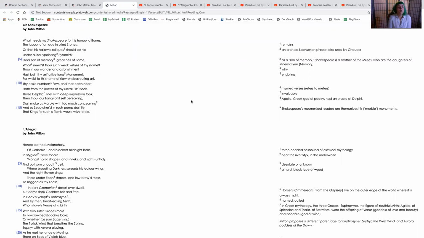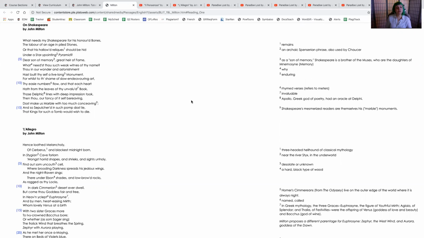What needs my Shakespeare for his honored bones, the labor of an age in piled stones, or that his hallowed reliquaries should be hid under a star-ypointing pyramid? Dear son of memory, great heir of fame, what needest thou such weak witness of thy name? Thou in our wonder and astonishment hast built thyself a livelong monument.